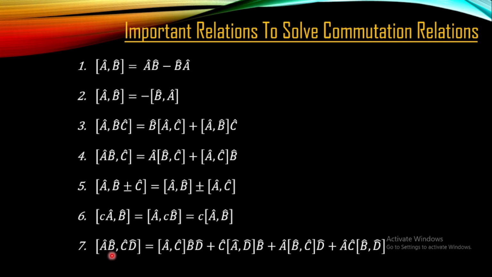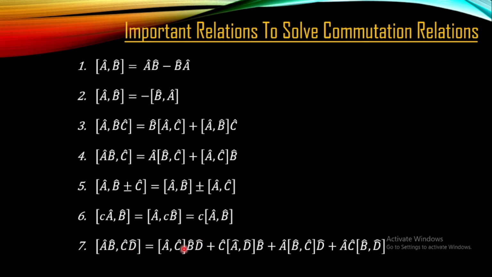That is, if B is on the right hand side in the first term, then in the solution part B will be coming on the right side of the bracket, and if it is in the LHS part, that is if A cap is taken outside, then it will be written on the left side of the bracket. This is the technique how we need to write the relation. So first let us take the combination of A cap and C cap, then B and D both are in the RHS part.